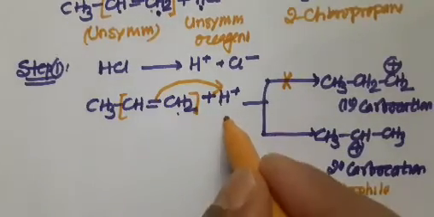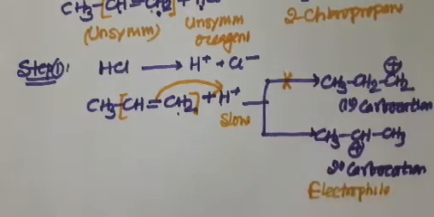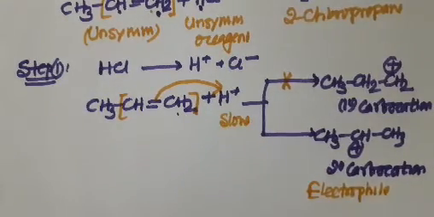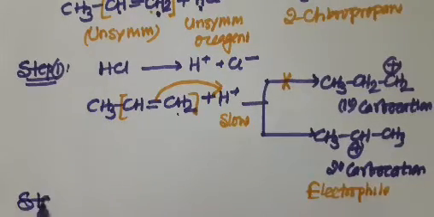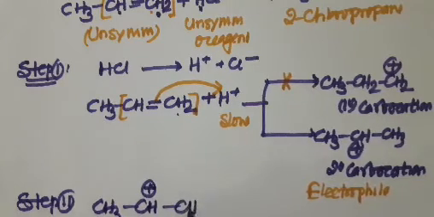And this step is a slow step, and finally this 2 degree carbocation interacts in the second step. CH3 CH plus CH3, it is electron deficient.